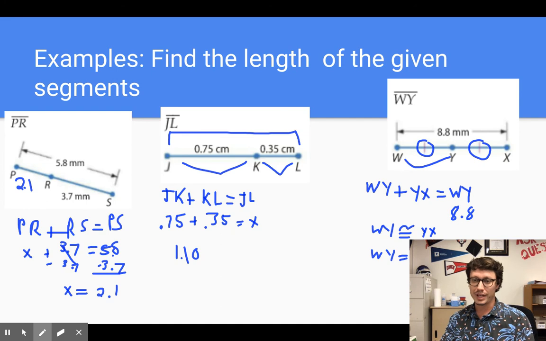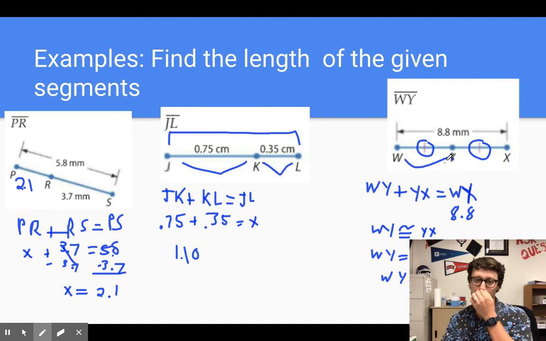When those combine together, WY plus YX equals W. Oh, I'm so sorry. This here, ladies and gentlemen, should be WX, the entire thing. WX is the entire thing, right?